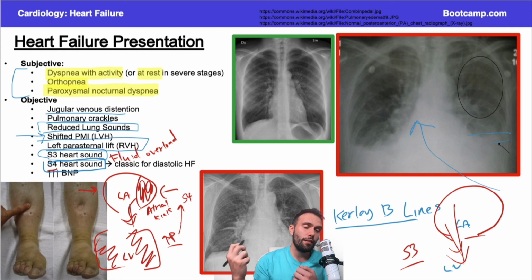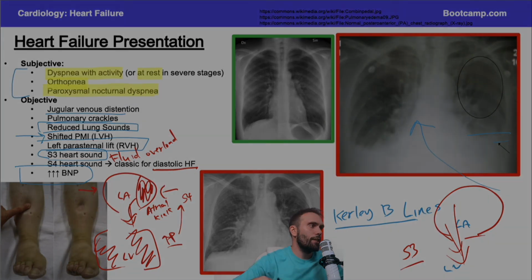So that atrial systole at the end of diastole is causing that S4 heart sound in diastolic heart failure classically. So if you see S4 heart sound, they might be telling you something more along the lines of diastolic heart failure. So just keep that in mind. And the other thing on here is that the BNP, like we said, tends to be very elevated because it's trying to compensate for this massive fluid overload that's happening in this vicious RAS activation, sympathetic activation cycle that's going on.